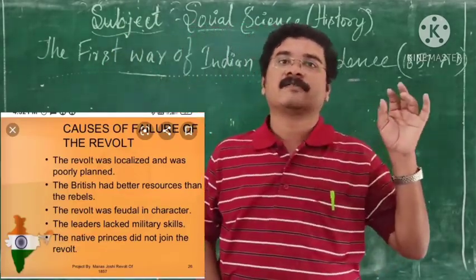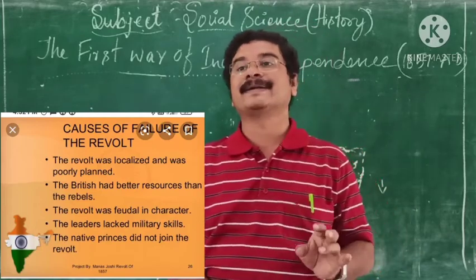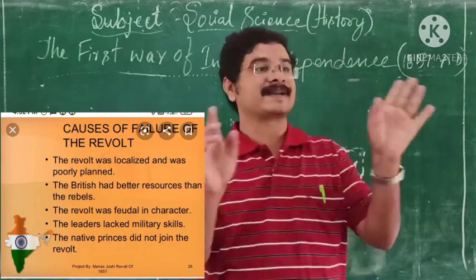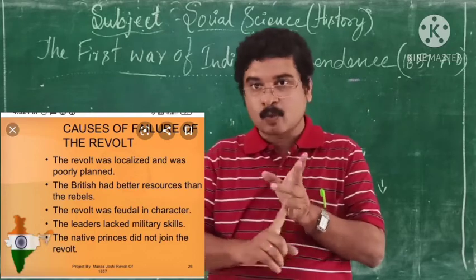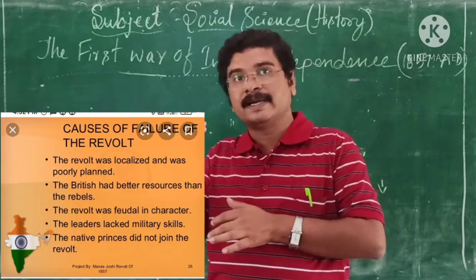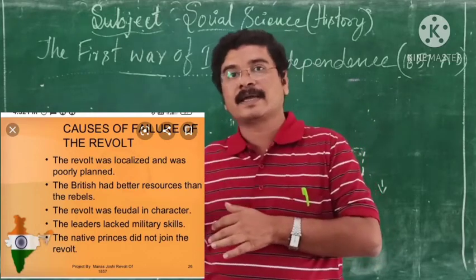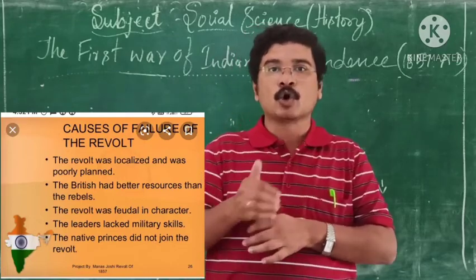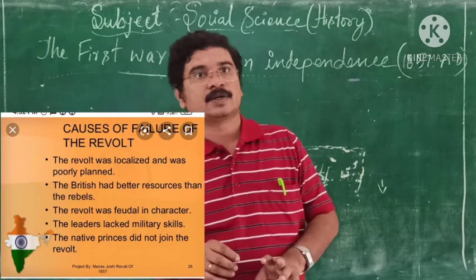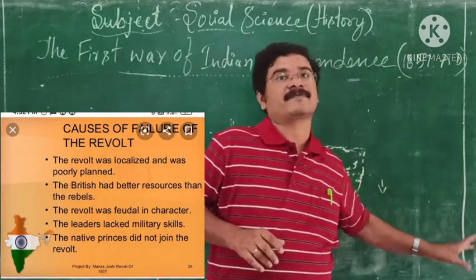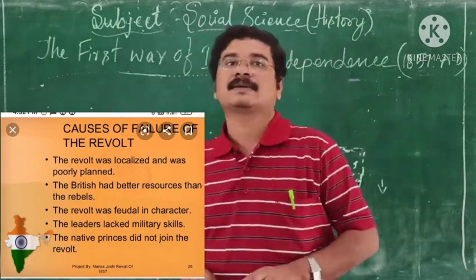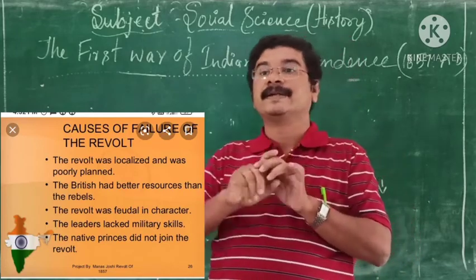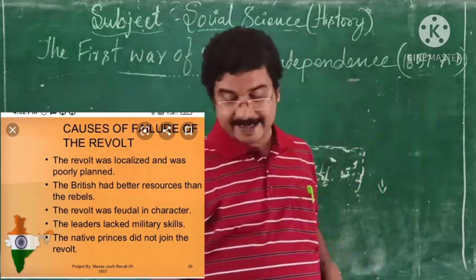Yes, the first one is the movement did not spread to the whole country. The first thing, why our Indian kingdoms and other revolt groups failed to attain our freedom, because this movement did not spread to the whole country.